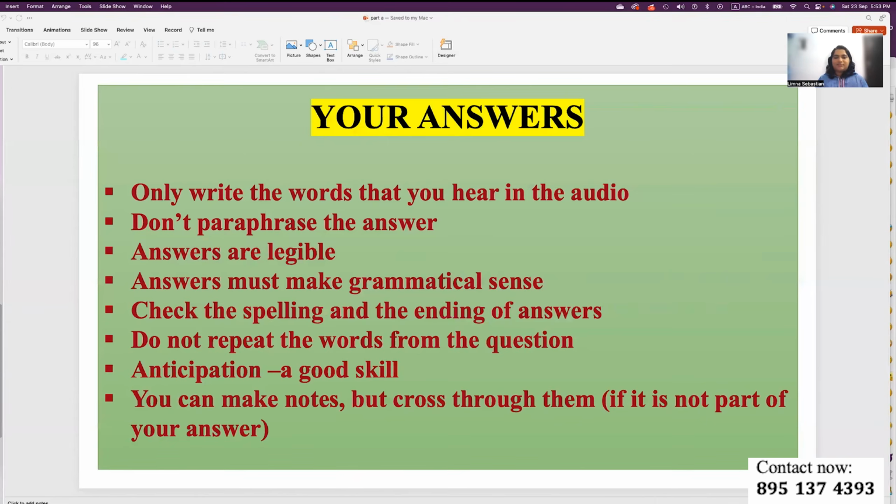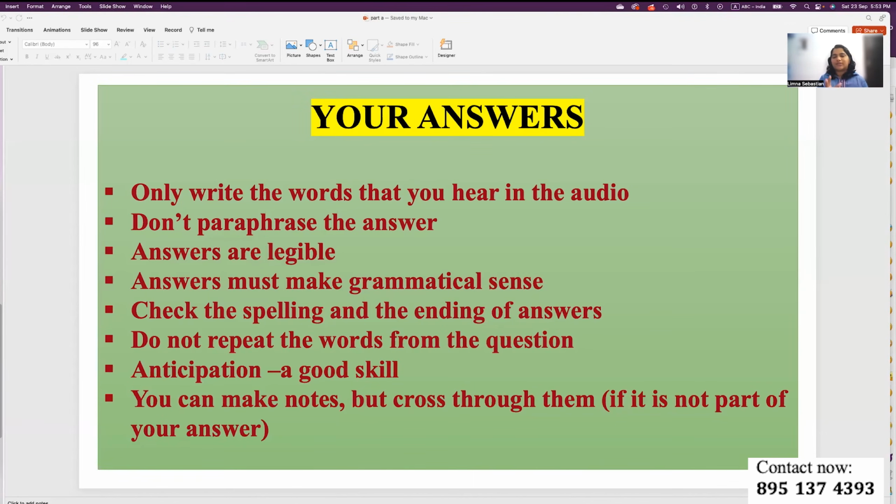So I hope you got it, how we can get the answers, how we can predict, and how we should underline the headings and the keywords, how we are identifying. Okay, now while writing these answers, how we should write the answers. Your answers must only be the words that you hear in the audio.